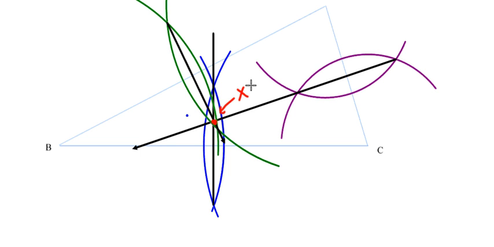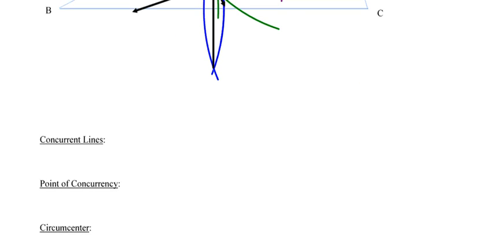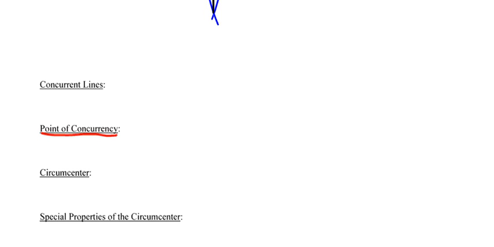What I think is really super duper cool about this is that all 3 intersect in exactly the same spot. We have a name for that, and the vocabulary word that you have to remember with respect to that point of intersection is point of concurrency. So point of concurrency is going to be the point at which 3 or more lines intersect.